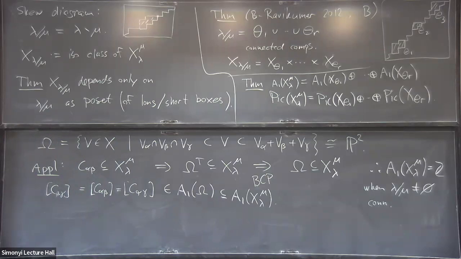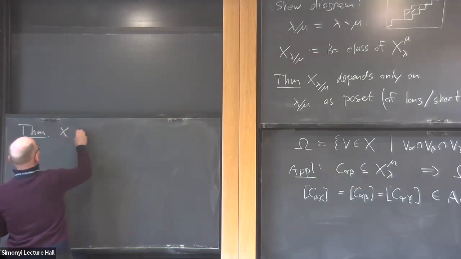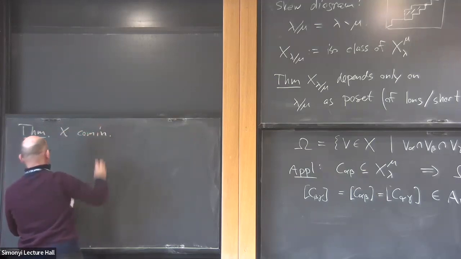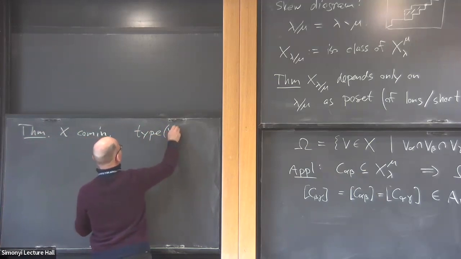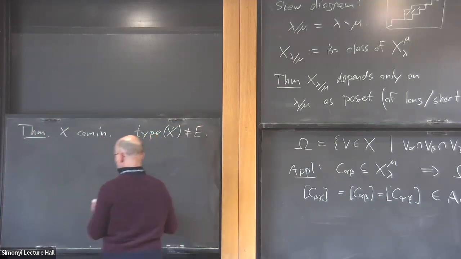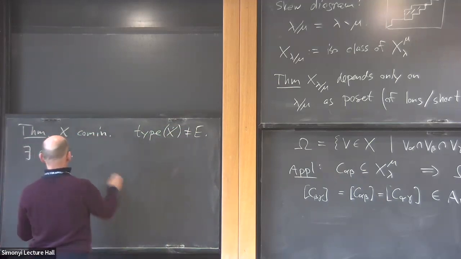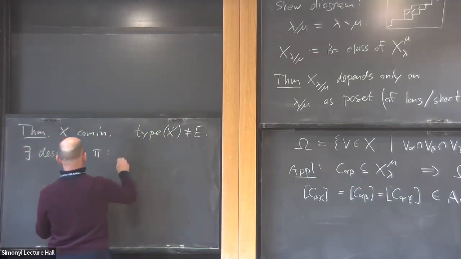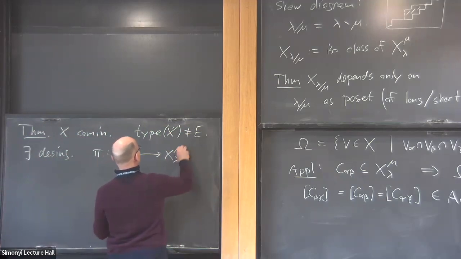So here's another theorem. X is a cominuscule flag variety of type different from E. Then there exists a desingularization pi from the resolution of singularities to the Richardson variety.